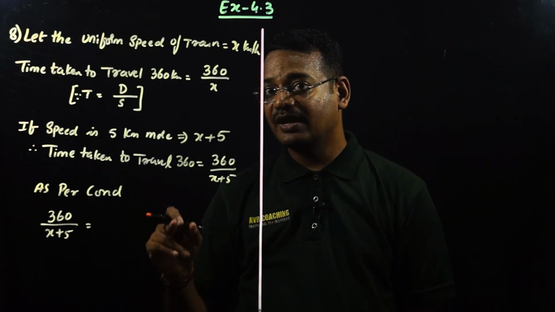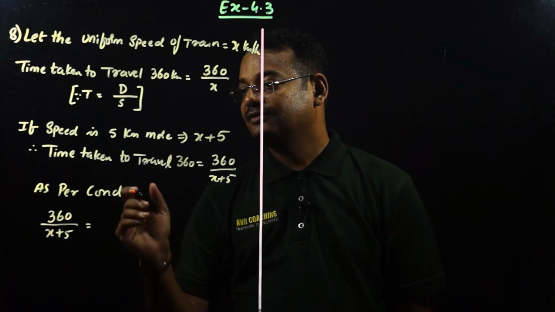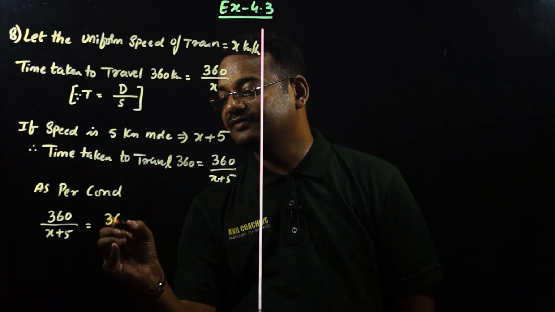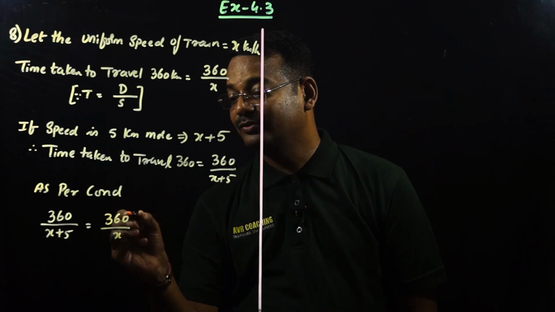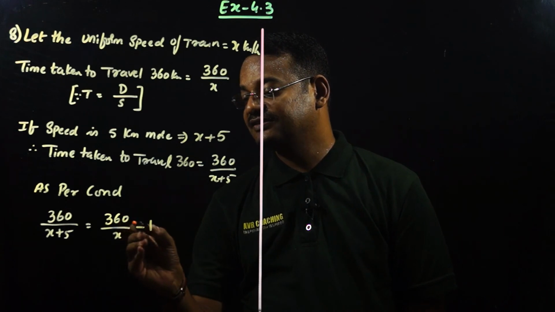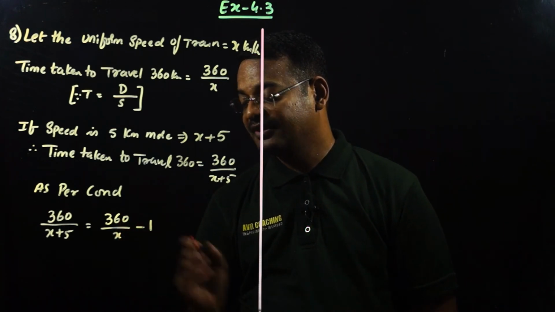So it would take 1 hour less than the original time. Original time is 360 by x, so it will take 1 hour less than the original time. So this is 360 by x minus 1.